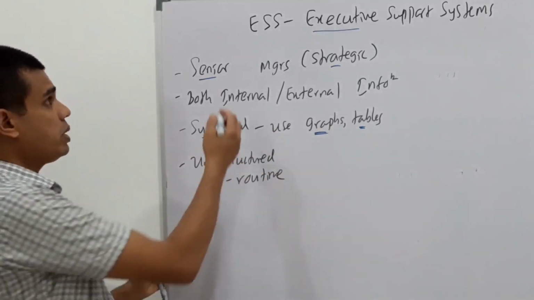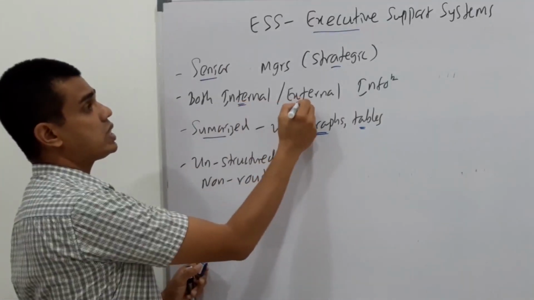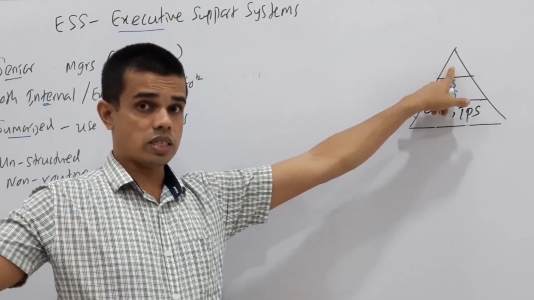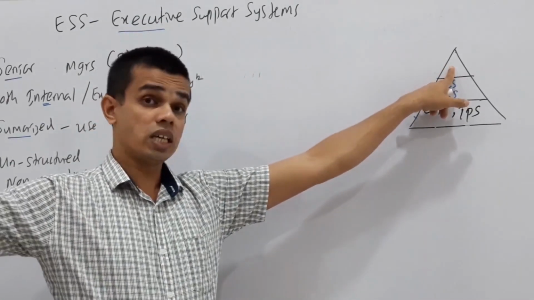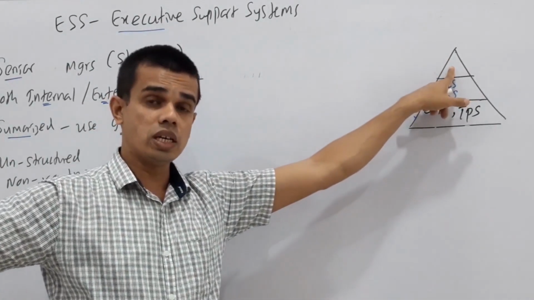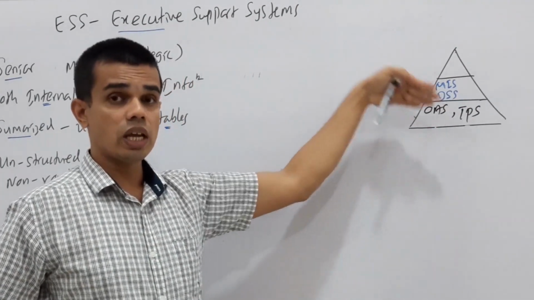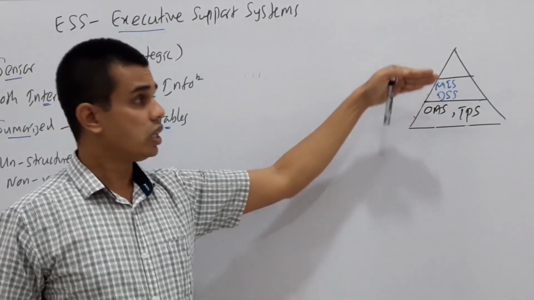And at the same time, they use both internal as well as external information. The senior level needs external information: the currency rates, the fuel price and other competitive businesses, how they earn, how they change. Parallelly with some level of internal information, their total revenue, total income, are also handled.